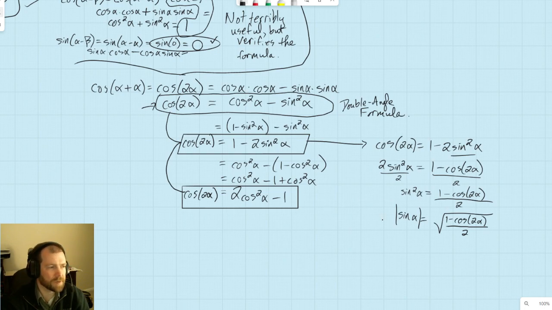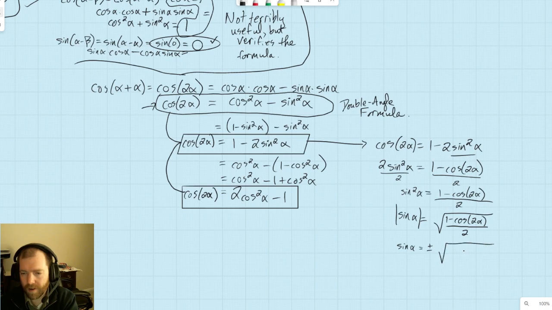Since you've got absolute values, you can put plus minus on the other side if you really feel like it. And it depends on what quadrant you're in.